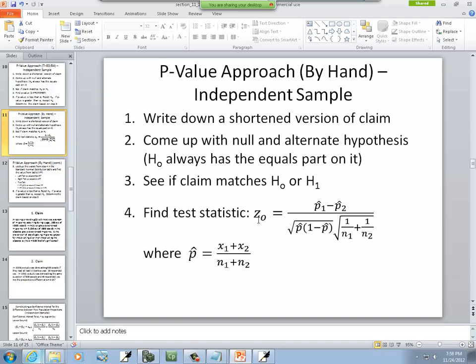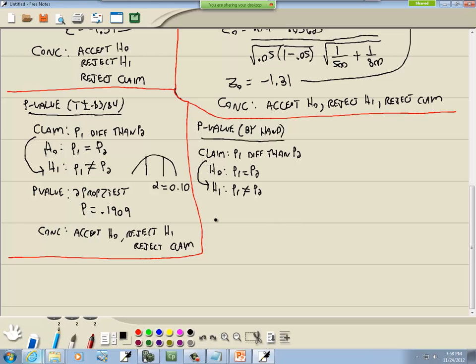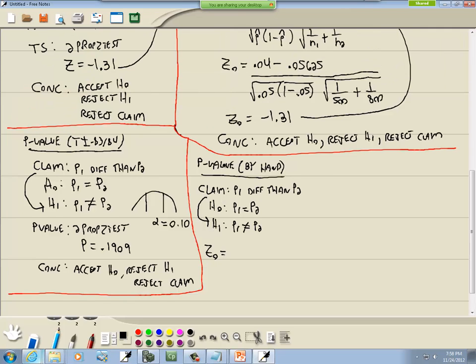Find a test statistic. Well, I'm not going to do this formula again. It's the same one as up above. Well, actually, let me jot it down. So we got 0.04 minus 0.05625 divided by square root of 0.05 times 1 minus 0.05 times the square root of 1 over 500 plus 1 over 800.